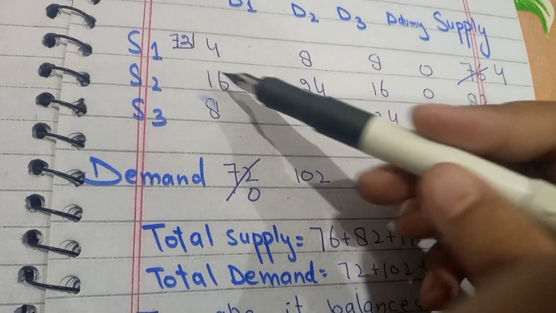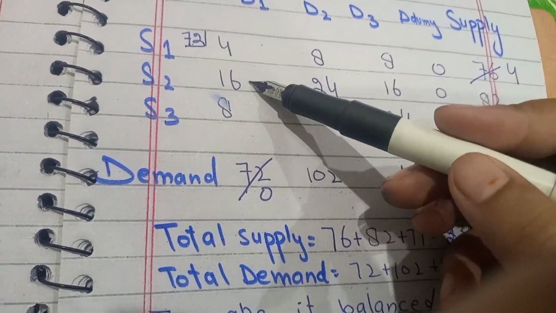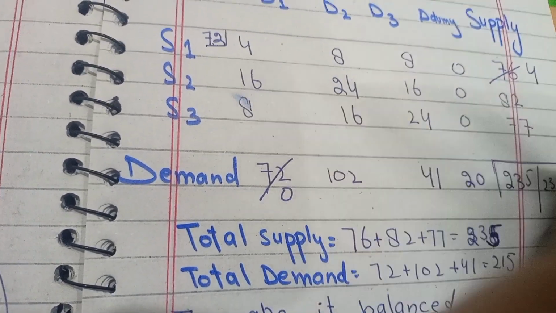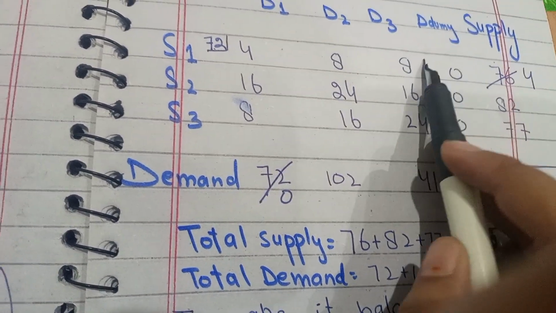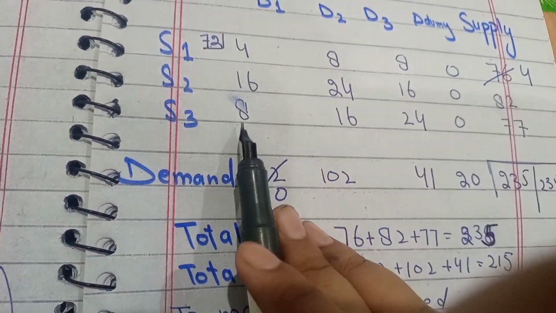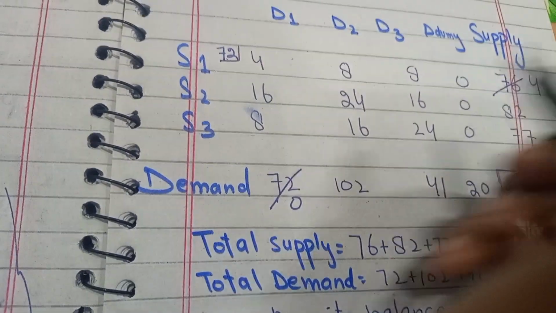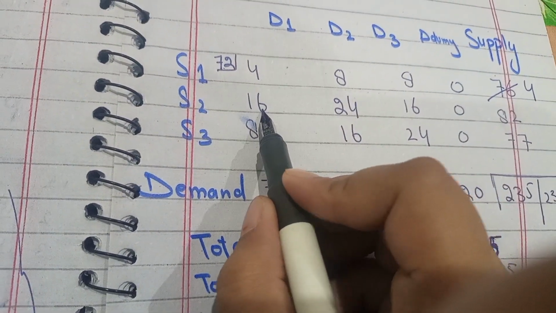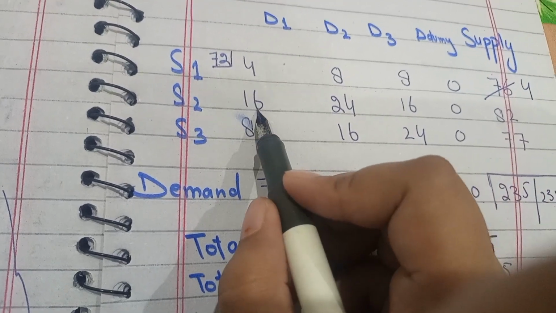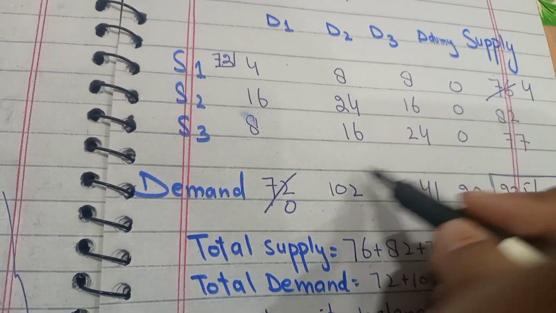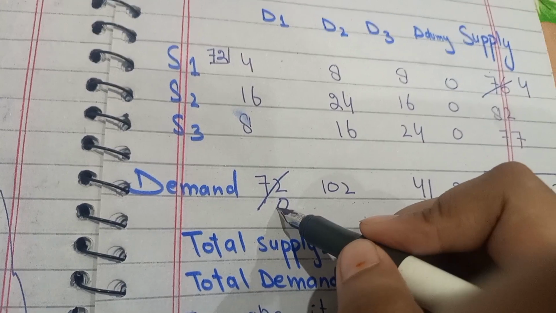Now we again choose the cell that is most west and most north. The most west column and most north cell is 16. Supply is 82 and demand is 0.